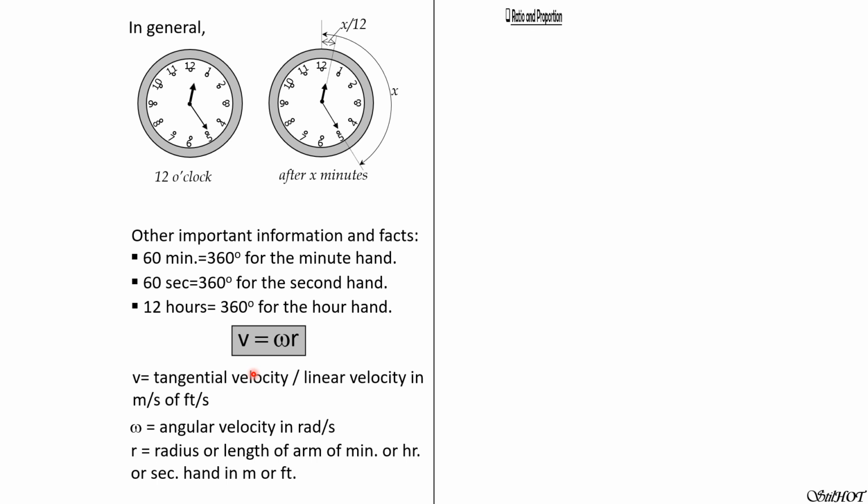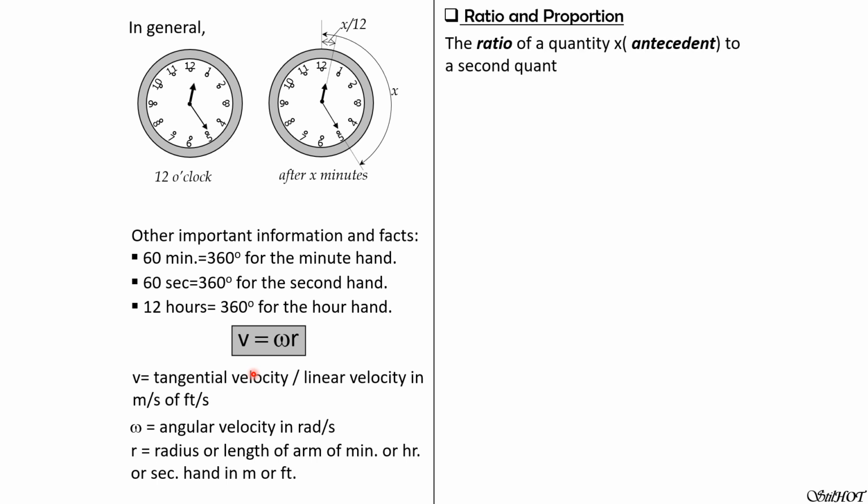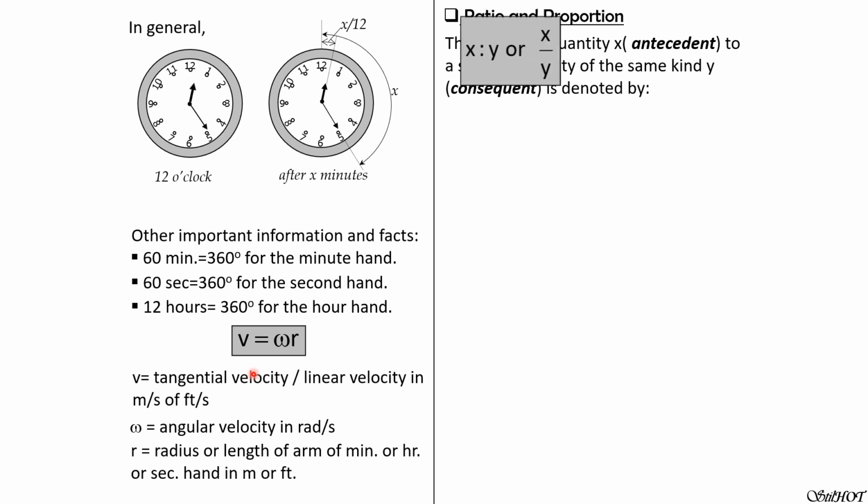Next concept would be about ratio and proportion. So the ratio of a quantity x, we call that the antecedent, to a second quantity of the same kind y, which is called consequent, is denoted by x : y or x divided by y.